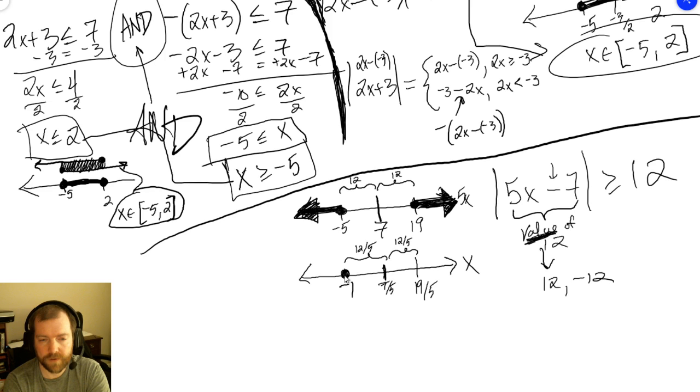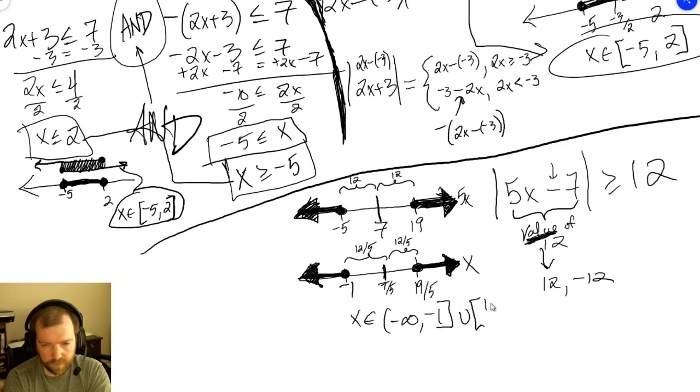We're still solid at the outer points and then shading outward from there. So then x must be from -infinity to -1 bracket union bracket 19/5 up through infinity.